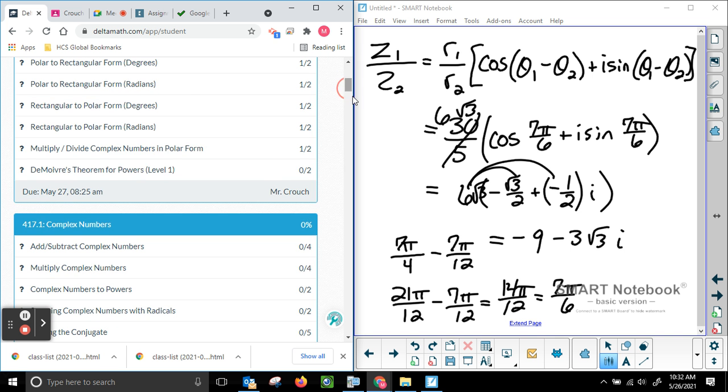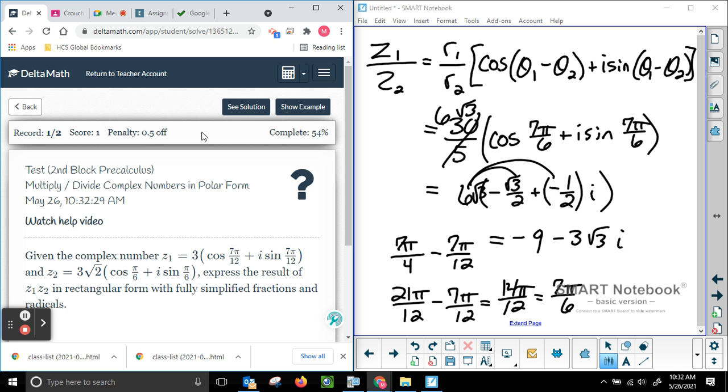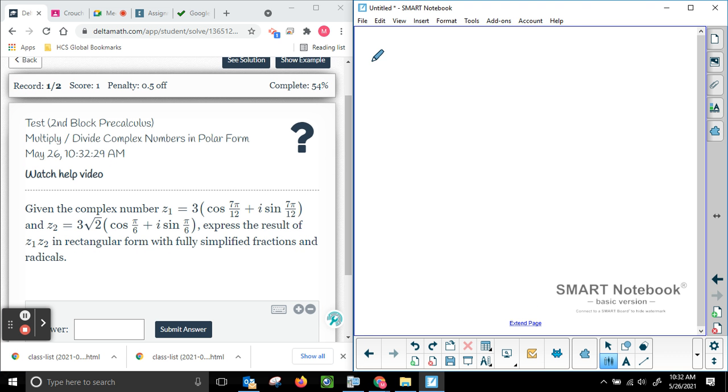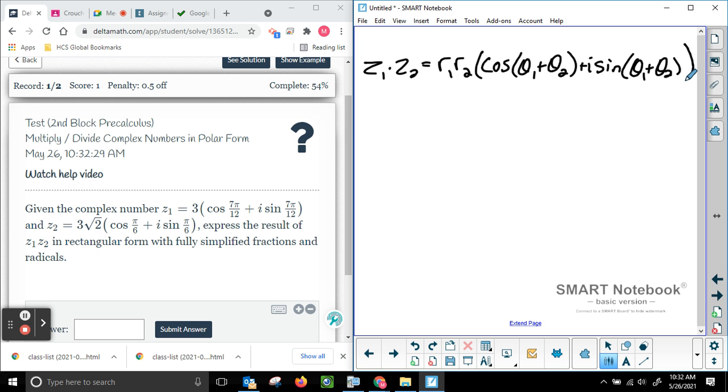Let's go down to the last one. Actually, that was dividing. Let's see if we can get a multiplication problem here. Okay, so here was a division problem. Of course, z1 times z2 is equal to r1 times r2 times the cosine of theta 1 plus theta 2 plus I sine of theta 1 plus theta 2.